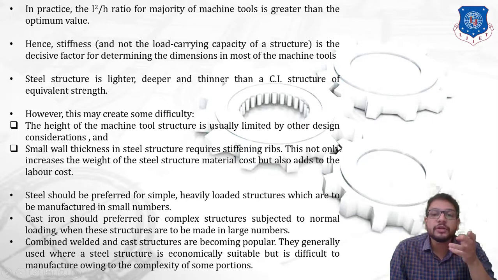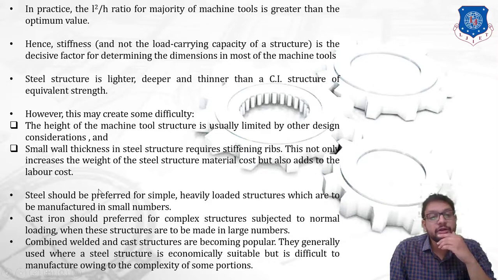Okay, so what is this going to affect? This is not only going to increase the weight of a steel structure, but also will increase the material cost and the labor cost. So these are the difficulties which we could face if we prepare our machine tool structure based on steel. Now, steel should be preferred for simple heavily loaded structures which are manufactured in small numbers.